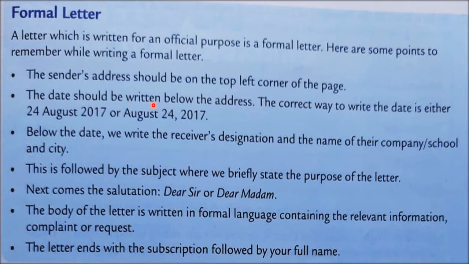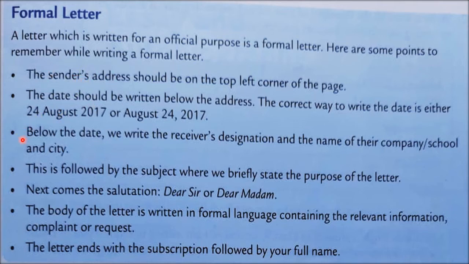The date should be written below the address of the sender. The correct way to write the date is either 24 August 2017 or August 24, 2017.